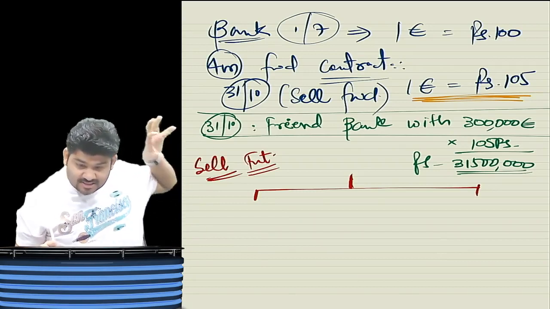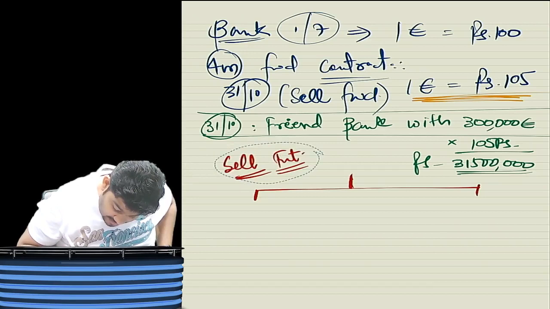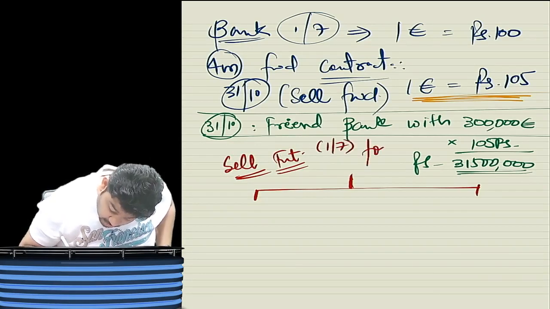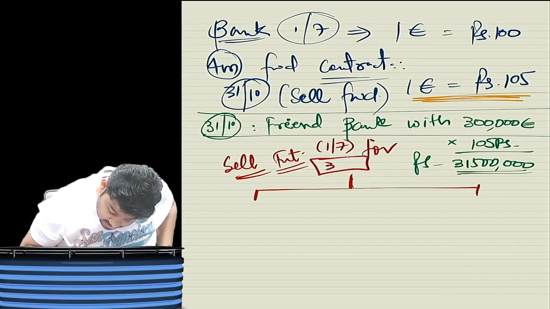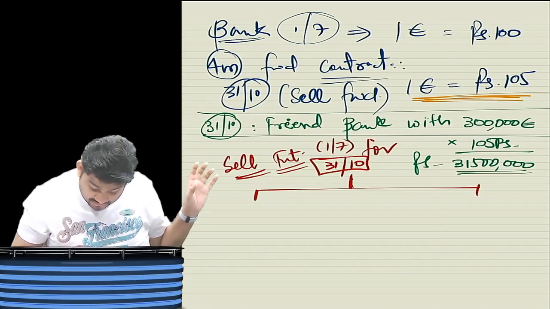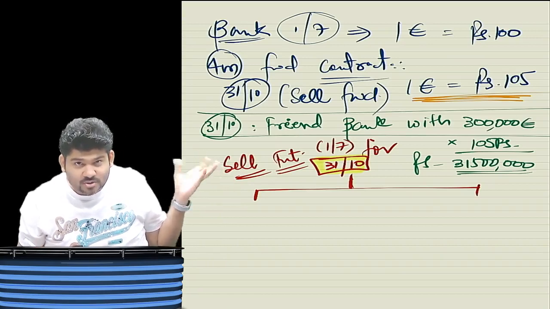He has entered into a sell future transaction on 1st of July for when? Correct. For 31st of October.